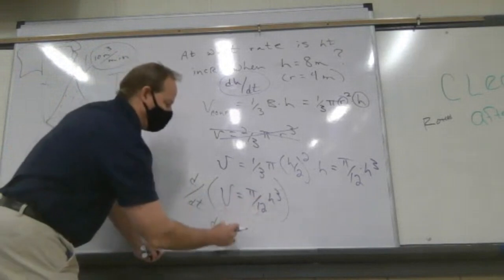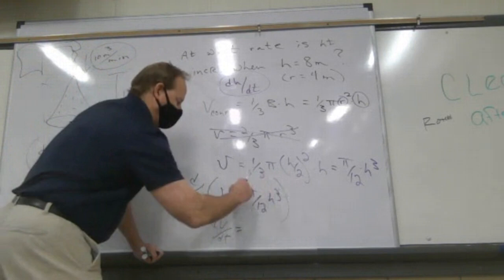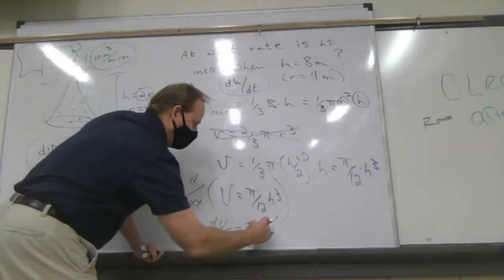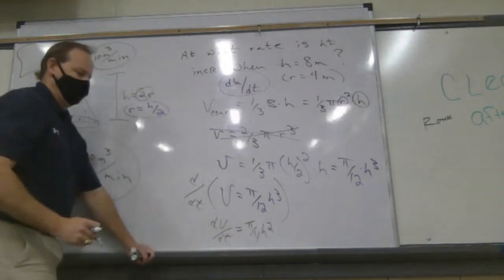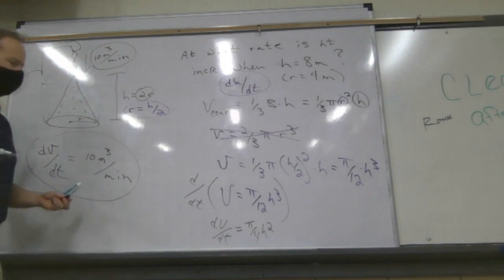And on the right, I can just use the power rule, constant times a function, and then the power rule, right? So 3 times pi over 12 is pi over 4, right? h squared. Does everybody agree? Just use the power rule there, drop it down in front. Okay, so then put in what you know.